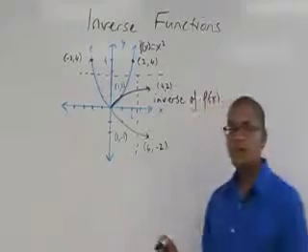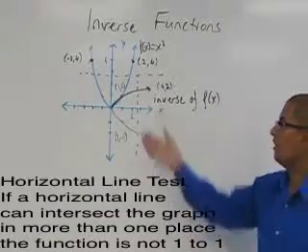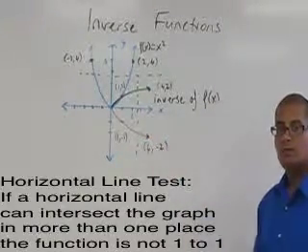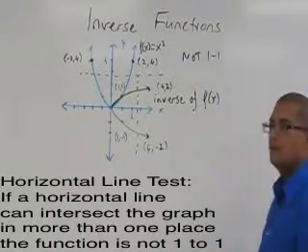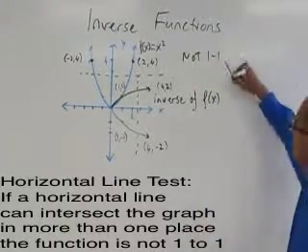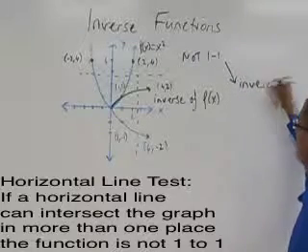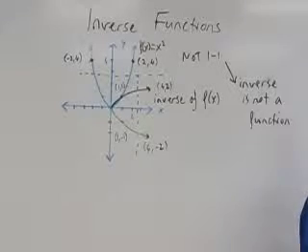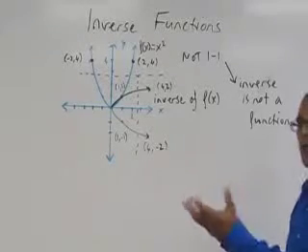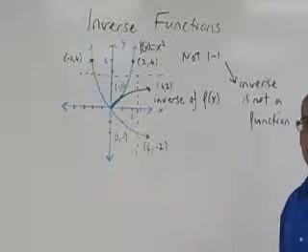So if a horizontal line intersects my function in more than one place, the function is not what we call one-to-one. And if it's not one-to-one, then the inverse is not a function. One-to-one means that each output corresponds to a unique input.